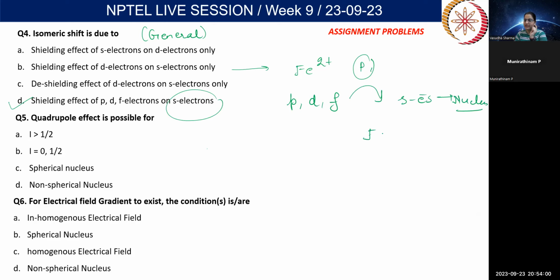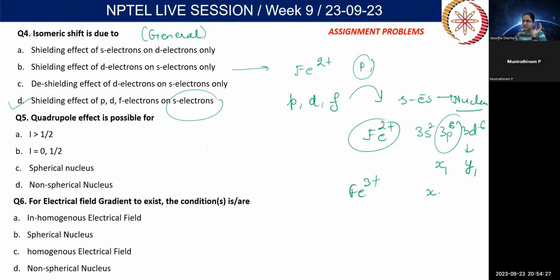In case of iron, 3s2, 3p6, 3d6, the shielding effect of 3p6 is constant for every iron species. It is cancelling out because we are talking about the relative thing. For example, if it is giving a shielding effect of X and this is giving a shielding effect of Y1 in case of iron +2, then in iron +3 the X1 is constant, but Y1 has changed to Y2.